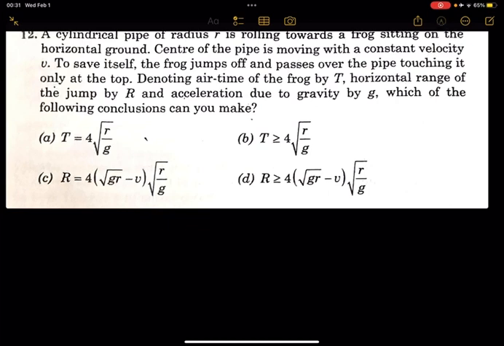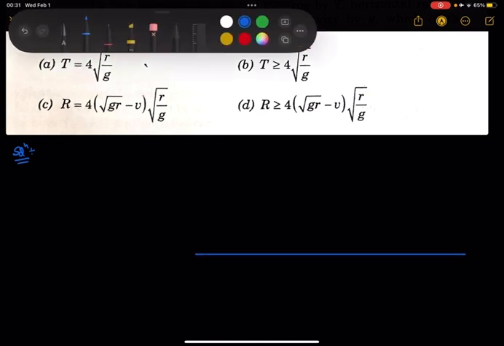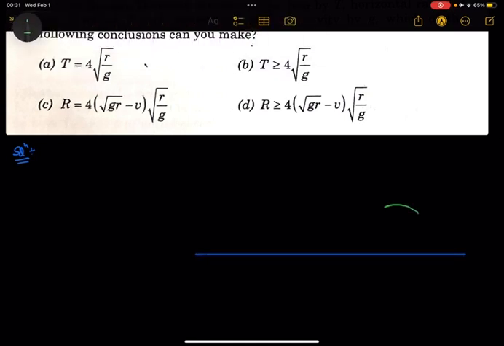Now just see the situation. This is a horizontal surface and one cylinder is moving with velocity v, and the radius of the cylinder is small r.